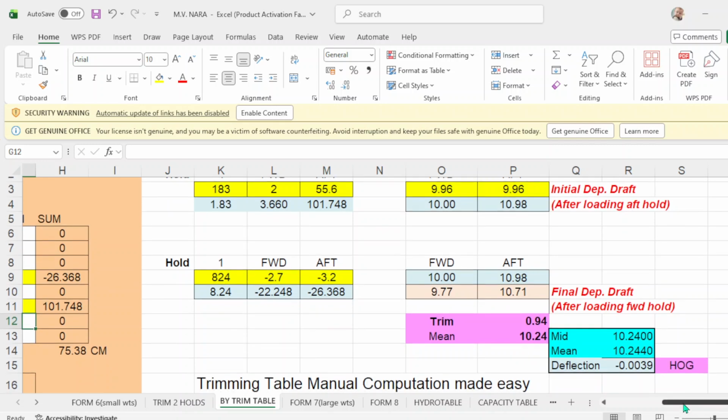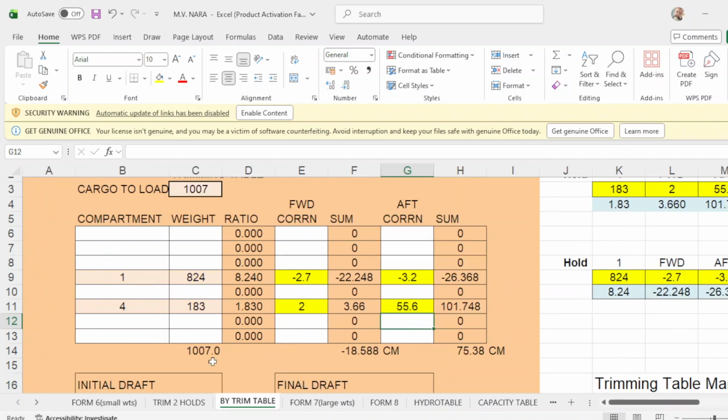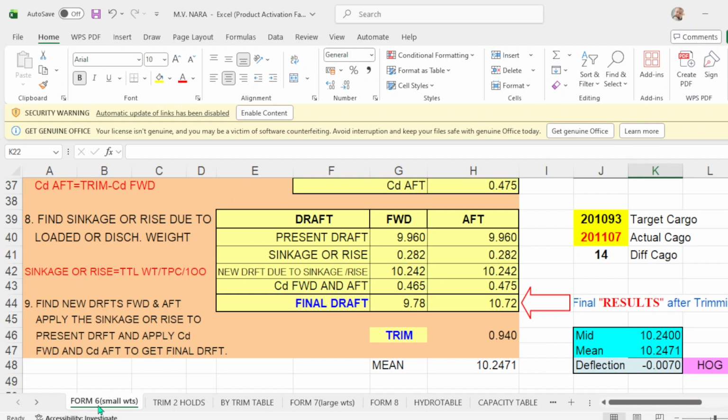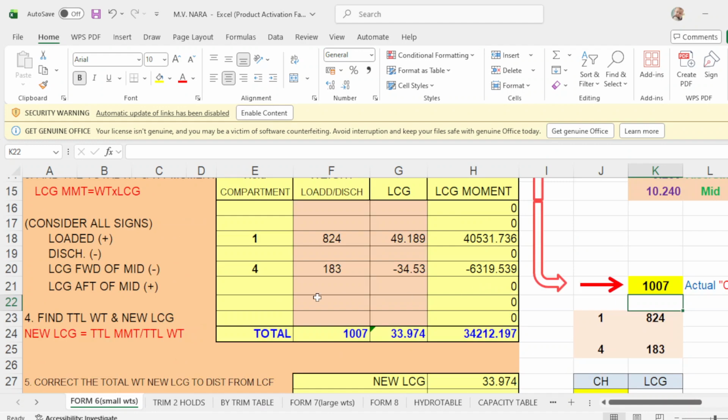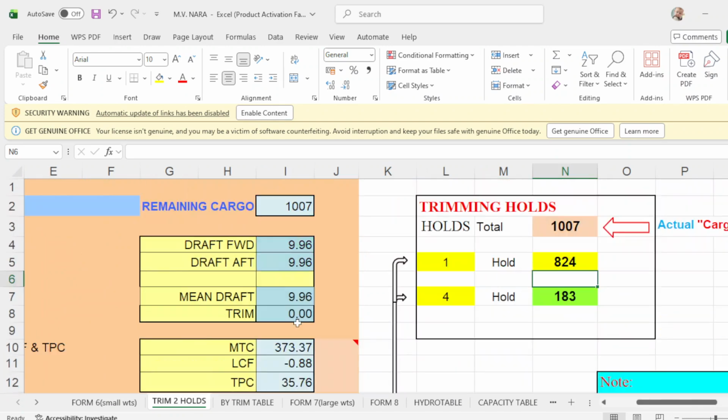Okay, take note, guys. This example is only for when you're loading holds 1 and 4 and you're not discharging ballast. This is another situation. You're only loading your cargos in holds 1 and 4.